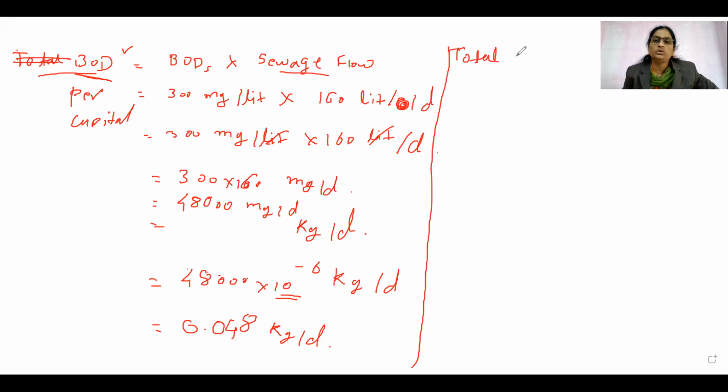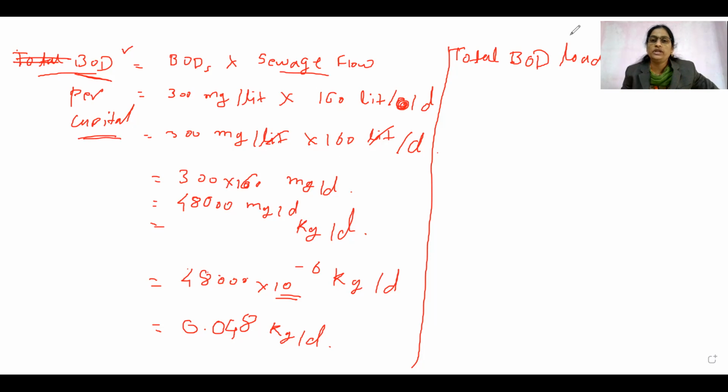How can you calculate total load of BOD? Go back to your example. Sewage flow is given to you, 160 liter per capita per day, and BOD loading rate is given to you, 300 milligram per liter. From that, BOD per capita load we can calculate.